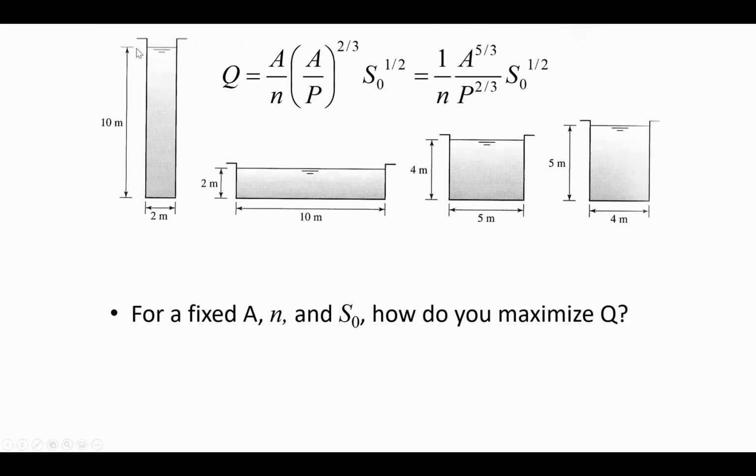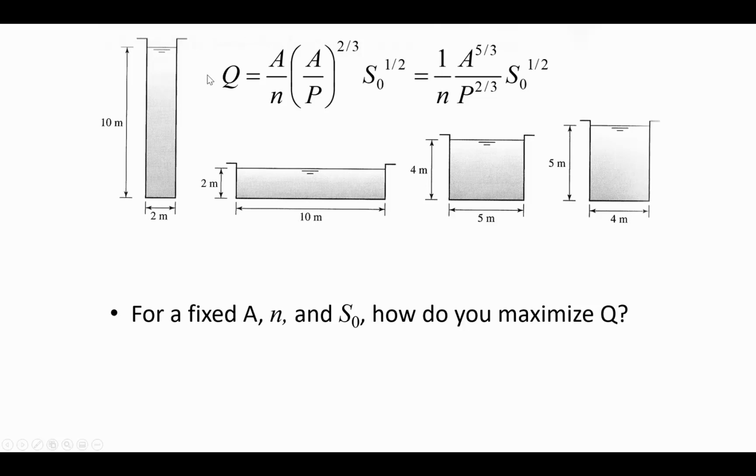So we could have one channel that's narrow but deep, or another channel that is wide but shallow, and then a couple of channels that are in the middle. You know, one that's 5 meters wide and 4 meters deep, and vice versa.